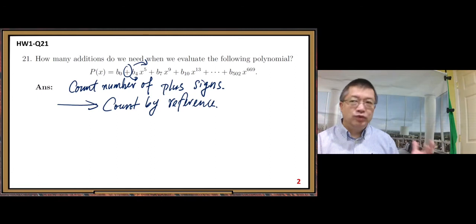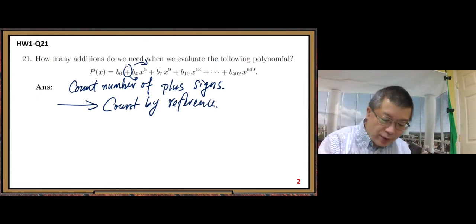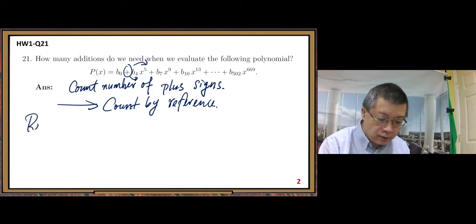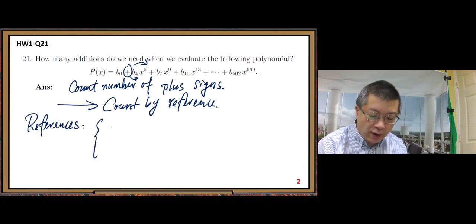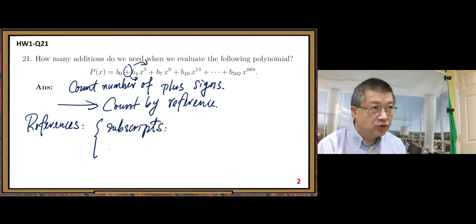So I tried to trick you a little bit. The references you can consider are one, subscripts, and another, superscripts.